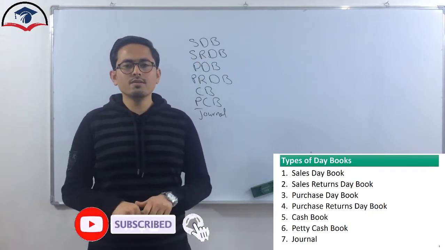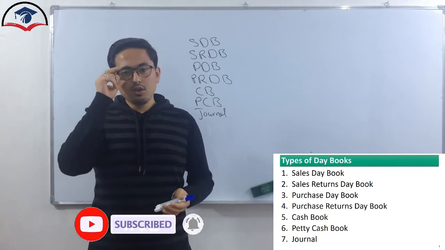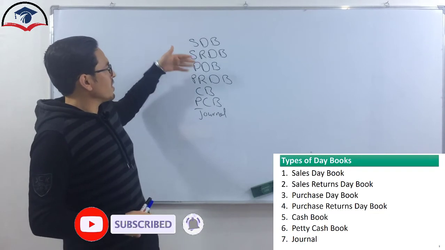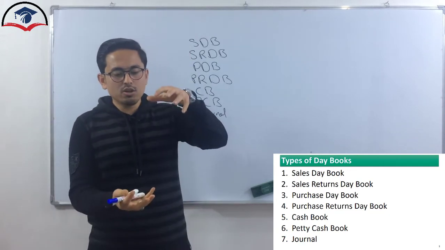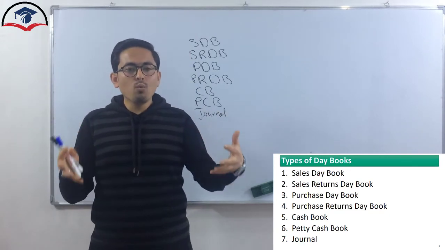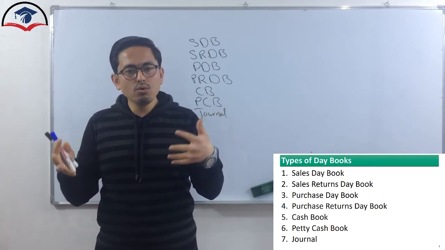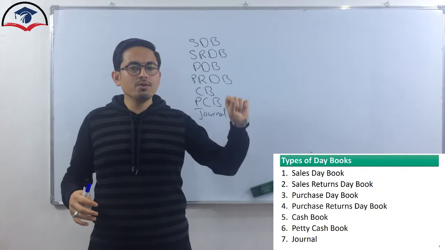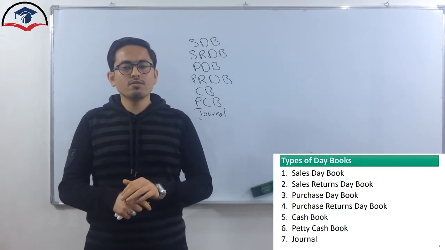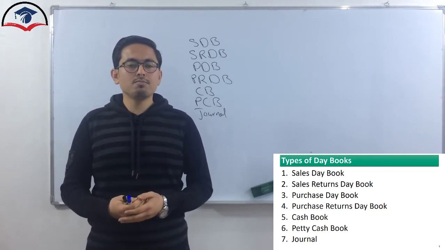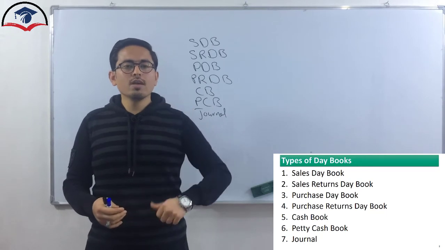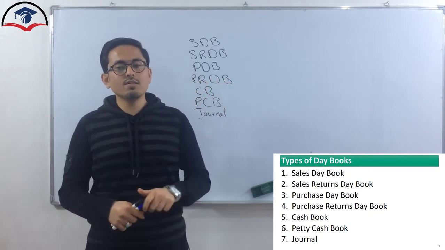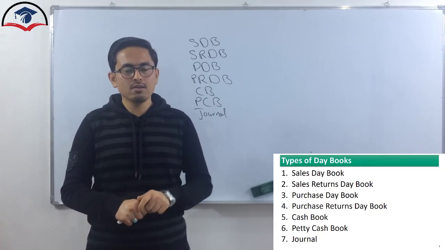But some businesses join these two books together, recording both types of transactions in one book, and the summary is recorded in the accounting ledgers. But most professionally, it's better to have 2 books, one for the sales you make on credit and one for the sales returns you receive back.